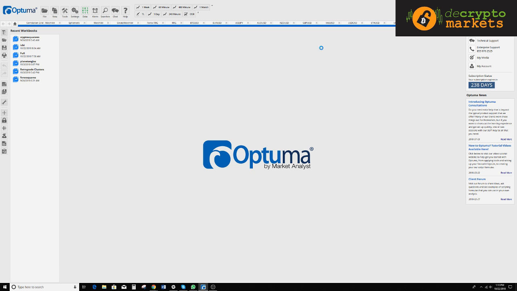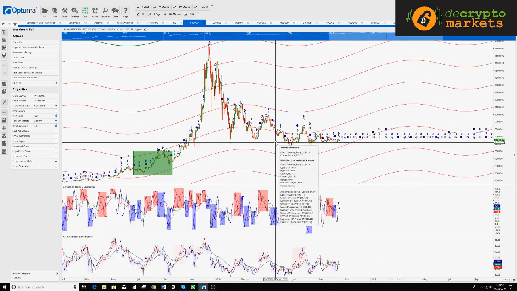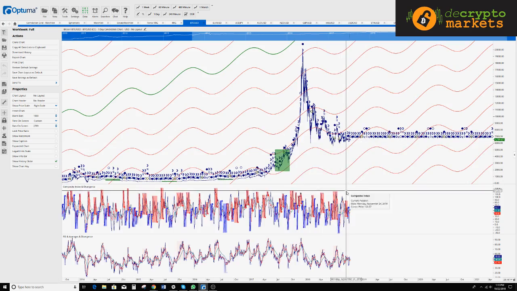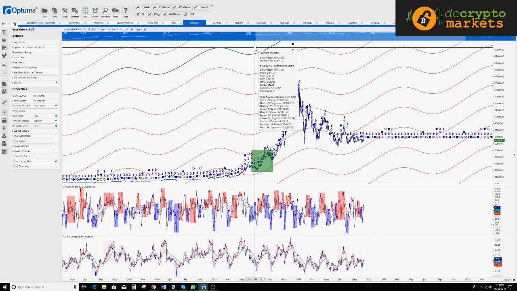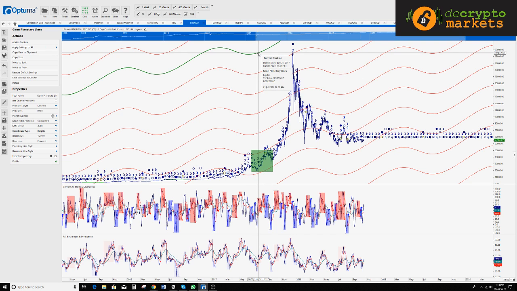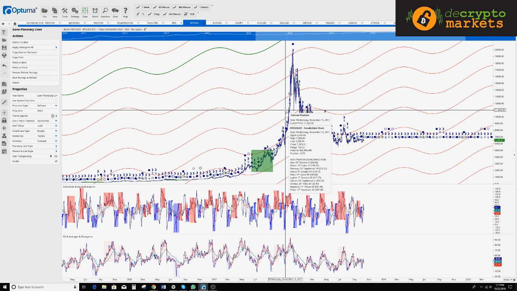Want to take a real quick look at our square of 9 value areas and the planetary angles. So taking a look at Bitcoin, again, these wavy lines might give you a little bit of a headache, but the wavy lines represent planetary lines. In this case, this is Jupiter, and its harmonics.